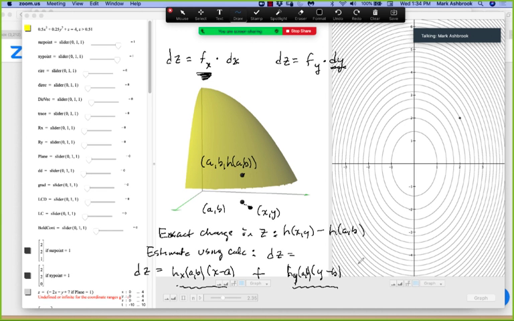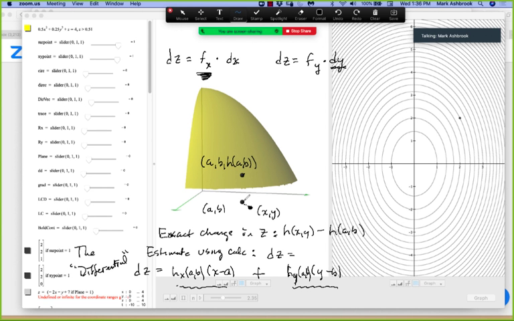Okay, so this dz is called the differential. Does it give the exact change in z as we change from (a, b) to (x, y)? If the change was infinitely small, yes. For really, really small changes, it would be so close that we couldn't tell the difference.